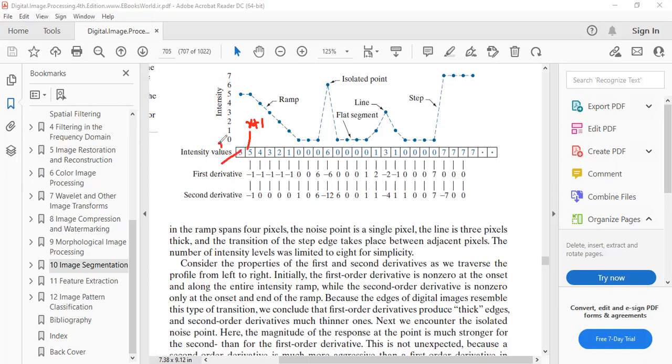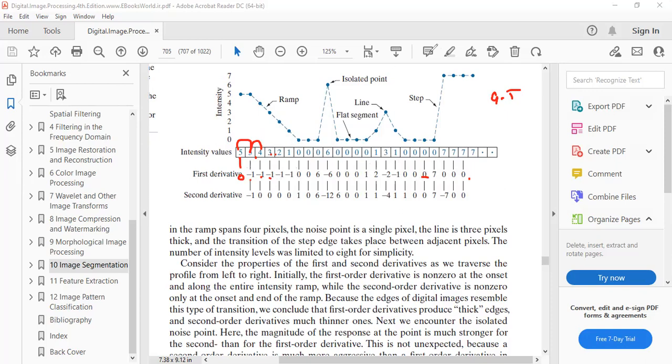So now I am finding the first derivative. 5 minus 5 is 0. Next, 4 minus 5 is minus 1, 3 minus 4 is minus 1, 2 minus 3 is minus 1. Like that we calculate all of them.